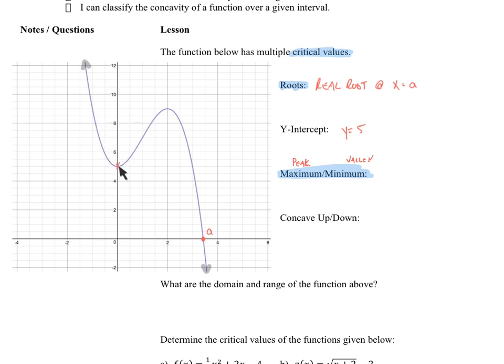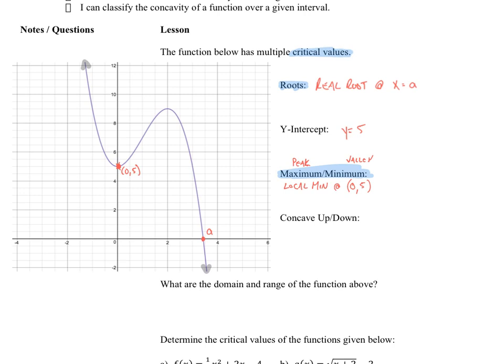That is a local minimum, because it's a minimum point on the graph where the function turns. So we'll say it does have a local min at the point 0, 5, because that is this point. That's the point where it's turning around at the point 0, 5.